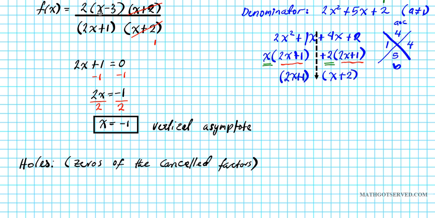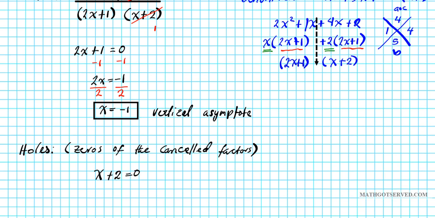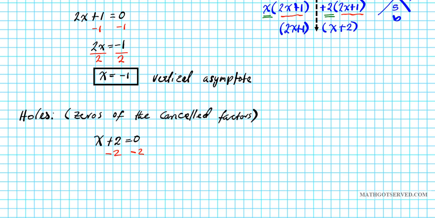So what you do is look at this polynomial function. What factors got cancelled out? x plus 2. So you just set it equal to 0 and find a 0. We simply subtract 2 from both sides, and your final answer is x equals negative 2. That is your hole. We have only one hole in this rational function.